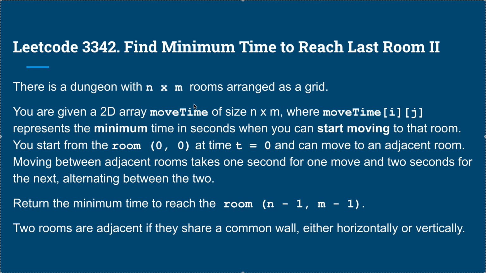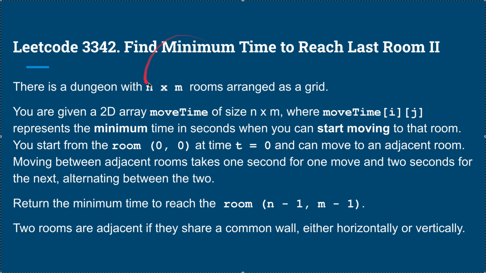Let's find the fastest way to reach the bottom right room, and we'll use a modified Dijkstra algorithm. Why? Because we need to process the fastest path while our move cost changes based on the number of steps taken so far. First we'll go through the intuition of this problem.